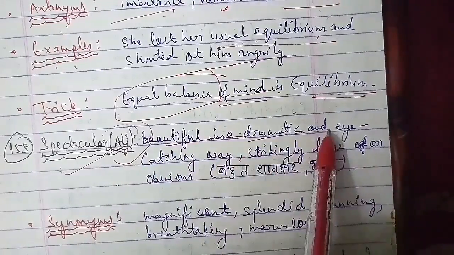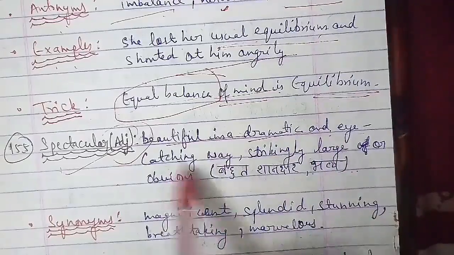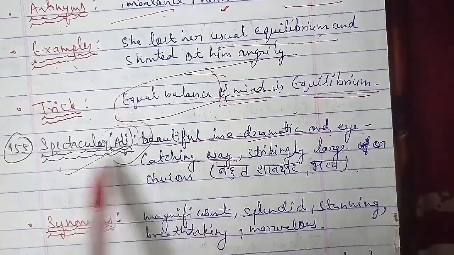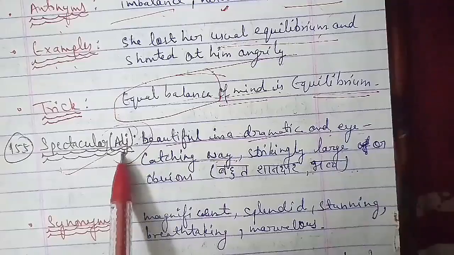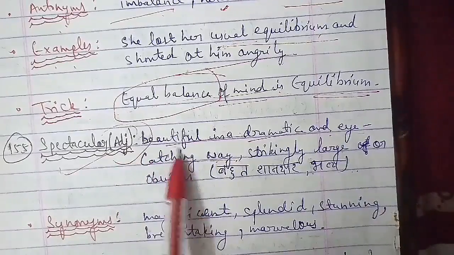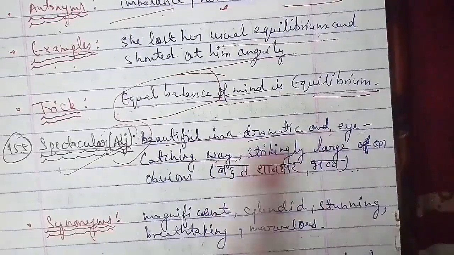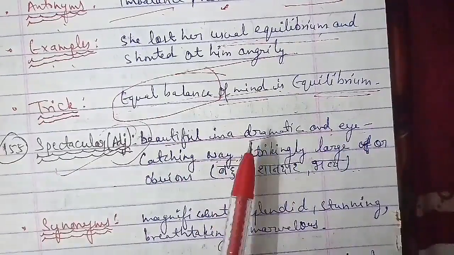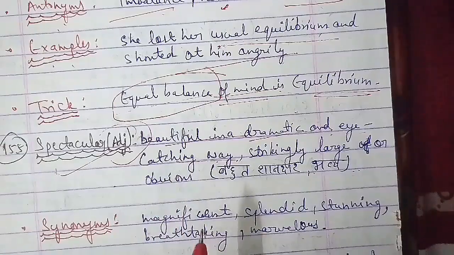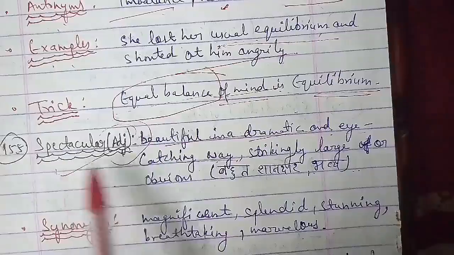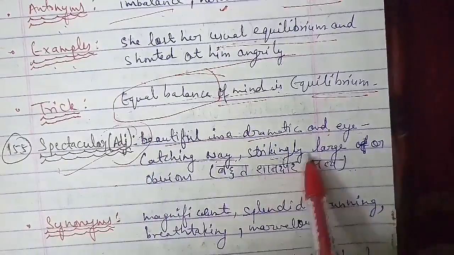The meaning of spectacular is beautiful in a dramatic and eye-catching way. The dramatic, the beautiful, that can catch anyone's eye and come across as a highlight. Strikingly large or obvious; in Hindi we can say bahut sundar and bhavya, that is how we use the word spectacular here.